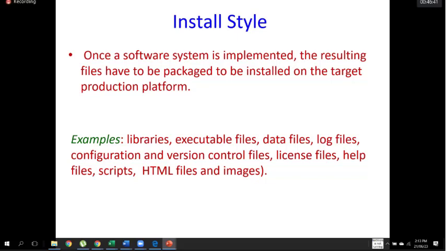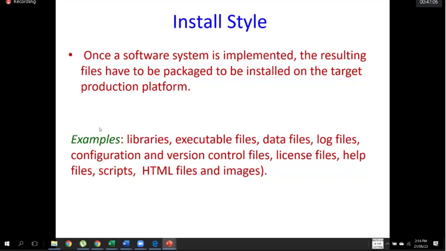Also, it's required that documentation work is done. So once the software is implemented, the collection of all files you created has to be grouped together, packed together, and delivered into the operational area.